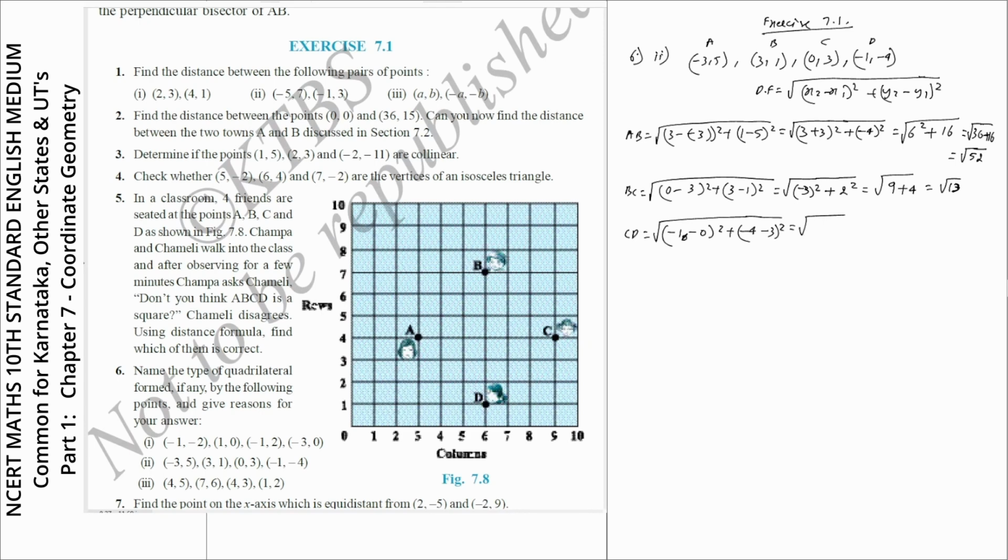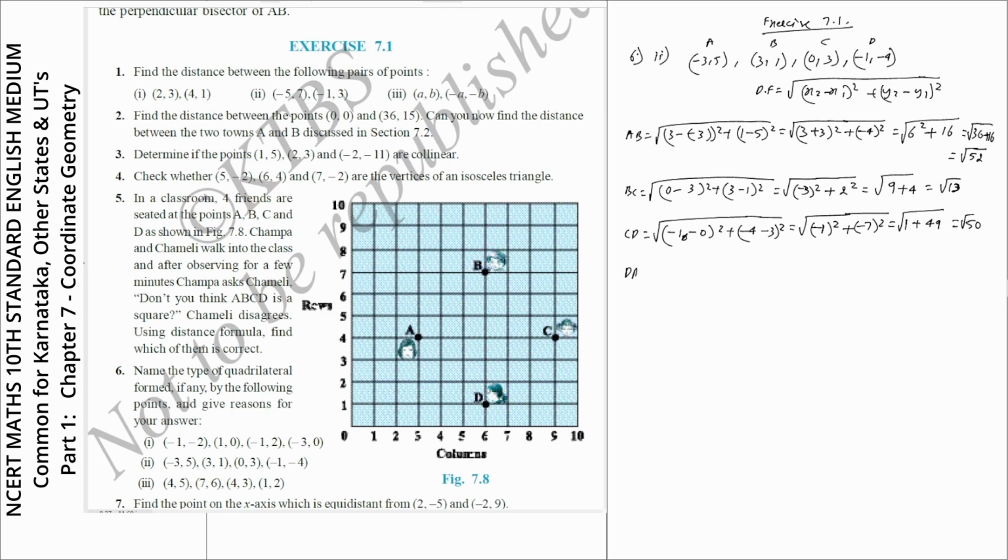So minus 1 minus 0 is minus 1 only, so whole square, plus minus 4 minus 3 is minus 7 the whole square. So minus 1 the whole square is plus 1, minus 1 into minus 1 is plus 1, plus 7 square, minus 7 into minus 7 is plus 49. So I'll get square root of 50.